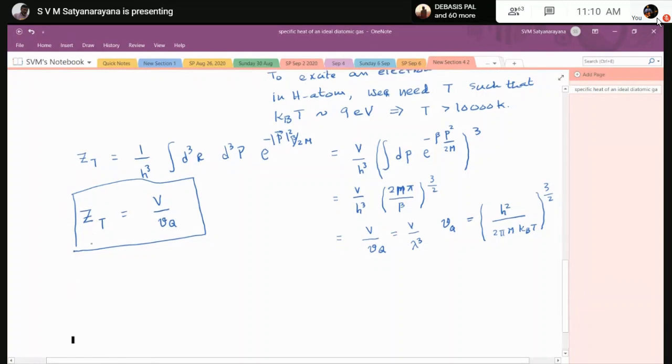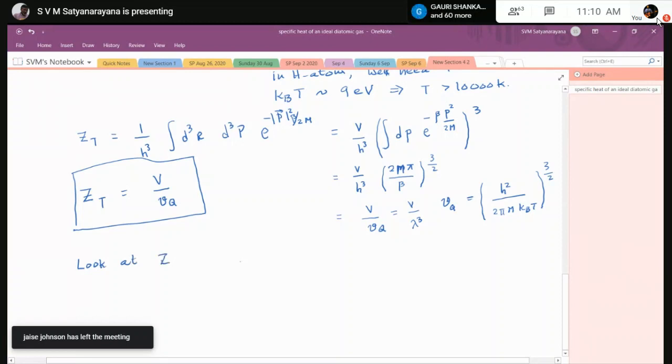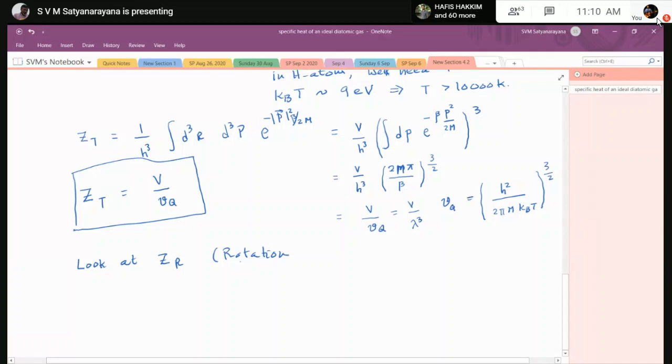Okay, so now let's look at Z rotation, this rotational partition function.